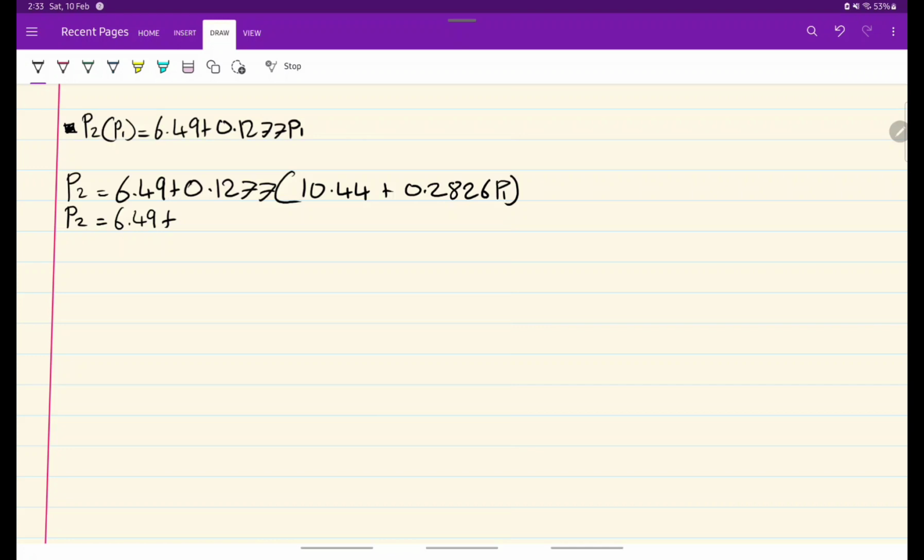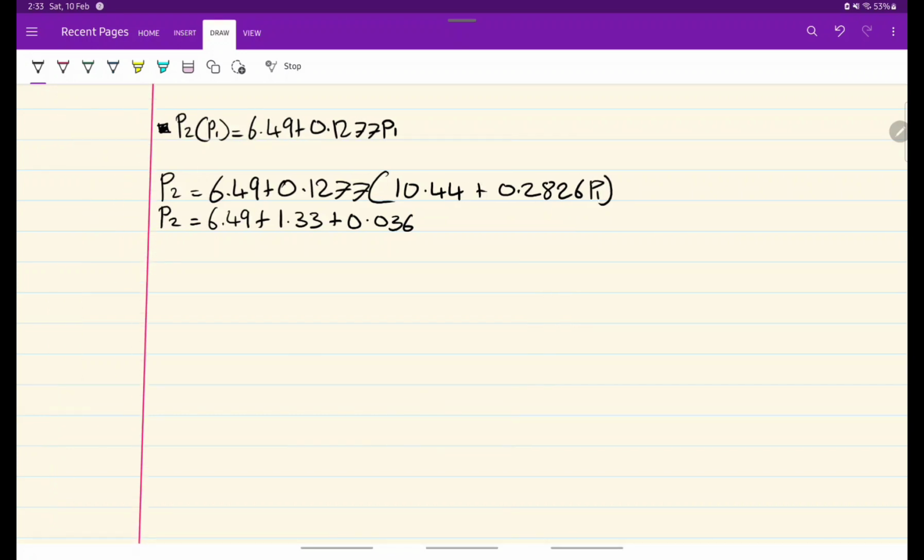You want to multiply them through and then add. So 1277. $1.33. 0.036.